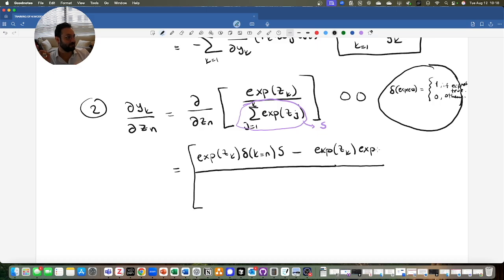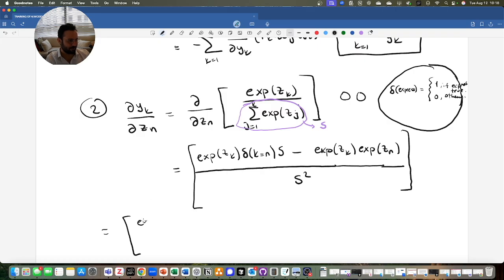So I'm going to write exponential zn because all of exponential z1, exponential z2, z3, they all were 0 with respect to zn, and only zn, which is a part of this j summation, remains and everybody else goes. So that's how the second term came. And the third term is s squared.